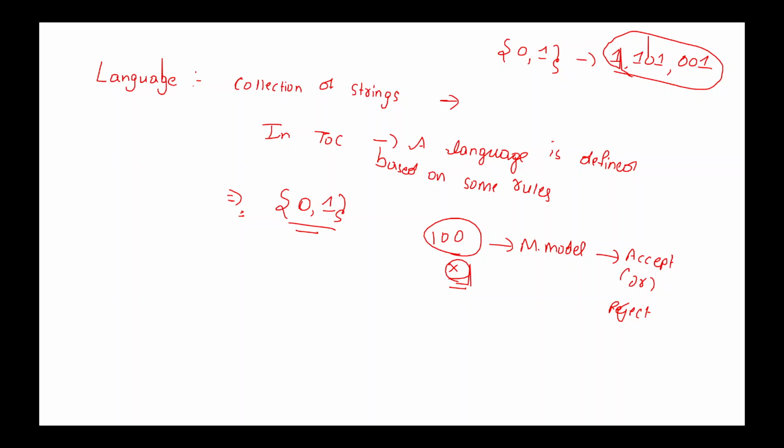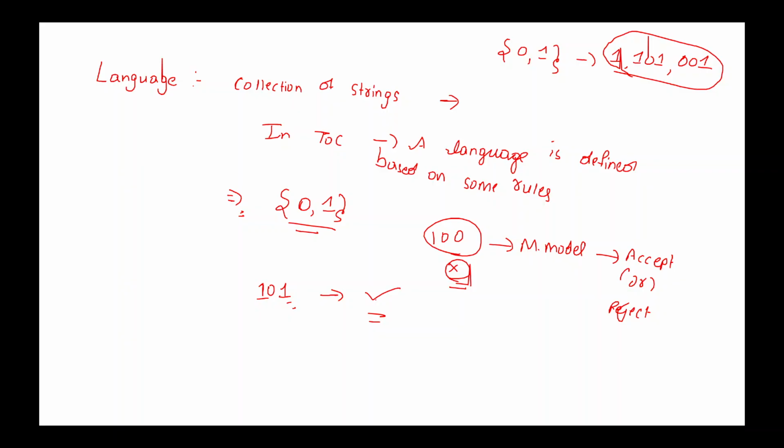Because it is not ending with 1. Now, if I say 101, do you think it should be accepted? Of course it should be, because it is ending with a 1. So that is what a language is. A language is a collection of strings which follows some rules.